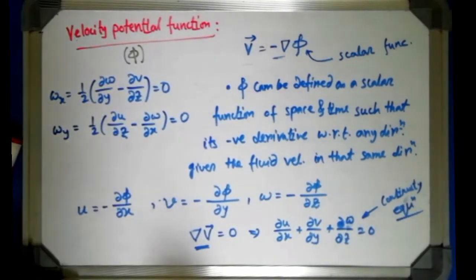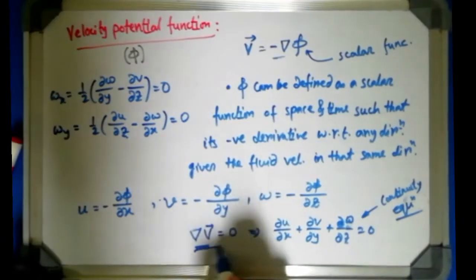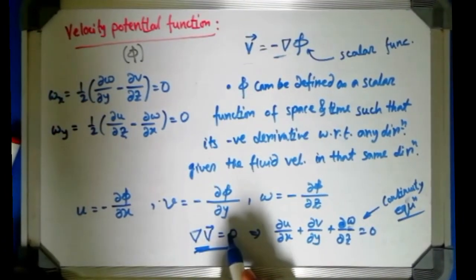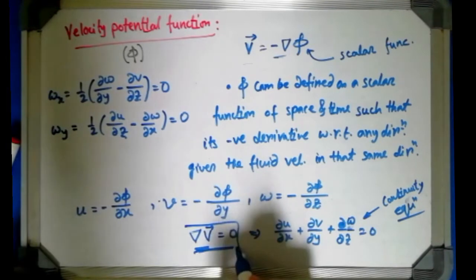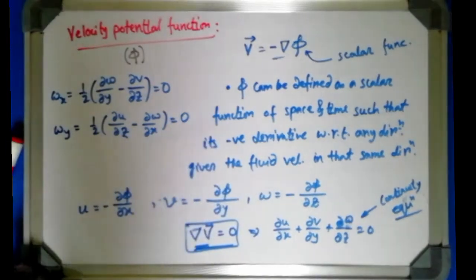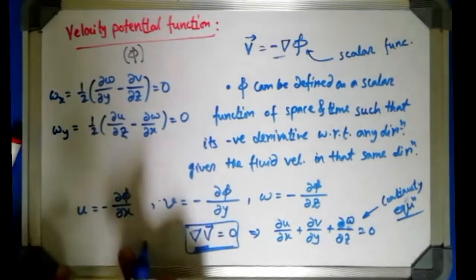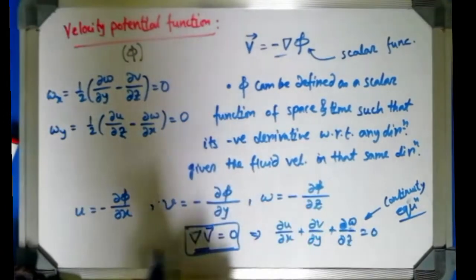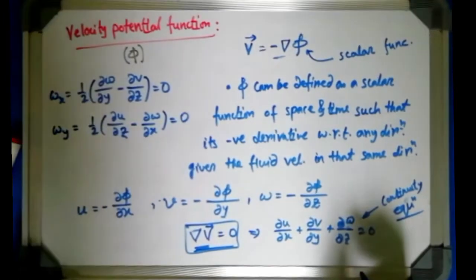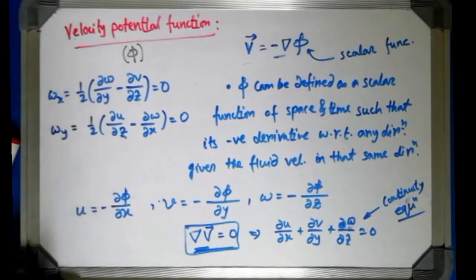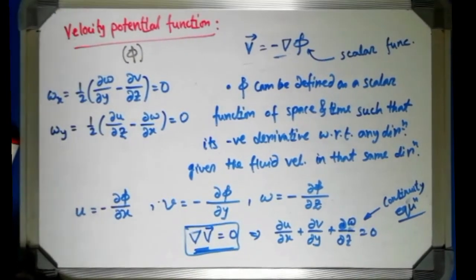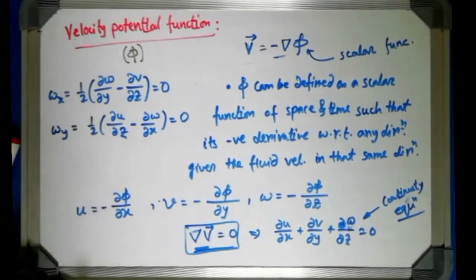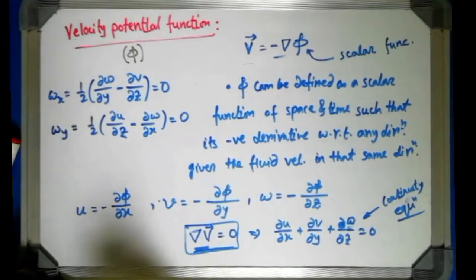So for this particular case, already I have told that this velocity potential function exists. So obviously these components u, v and w, they satisfy the continuity equation, isn't it? Obviously they will satisfy the continuity equation because divergence V equals to 0, that is nothing but the continuity equation.